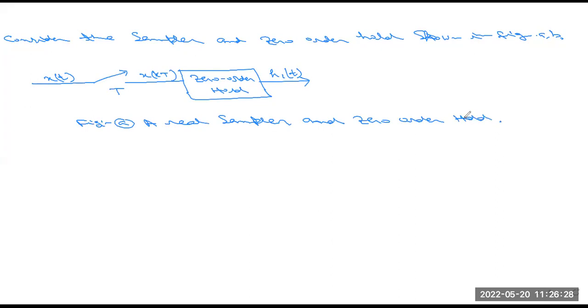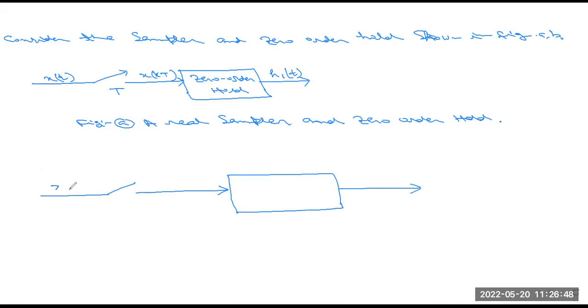And another one, figure B. So please remember the same thing. Then this is the output. So this is a continuous time signal x of t, and this is an impulse sampler, x star of t.